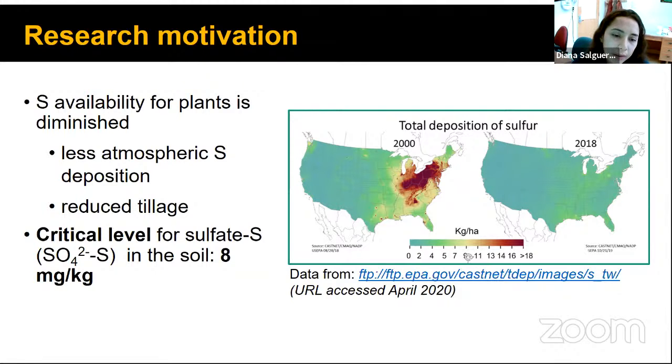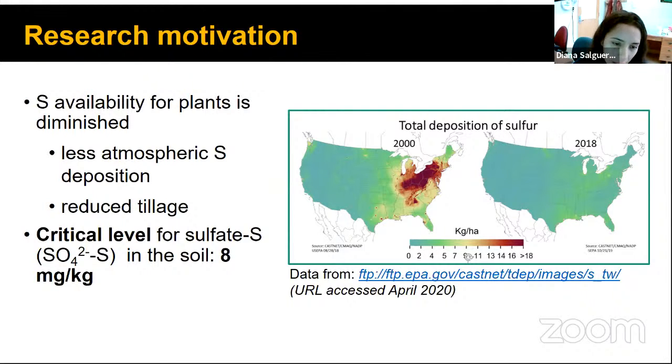The critical level of sulfate sulfur in the soil reported in the literature is 8 milligrams per kilogram of soil. However, it is not recommended to use our soil test to differentiate whether sulfur might or might not be limiting for plants. Moreover, if we take our soil sample late in fall and look at the sulfur in that soil test, that sulfur might or might not be available for the plant late in the spring.